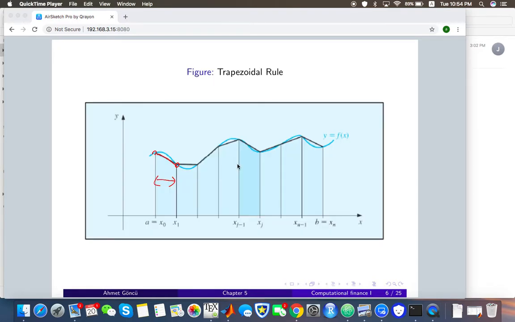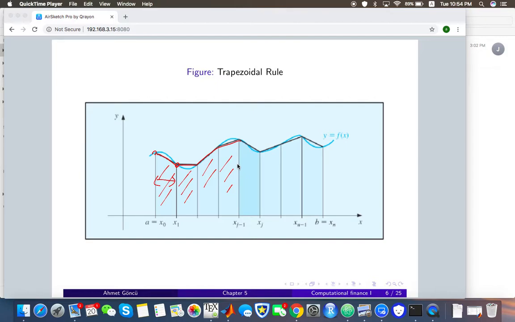Once we do this linear interpolation to replace our original f of x, we are generating these trapezoids, and in order to approximate the integral of f of x, that is the area under the curve, we are using the areas of each trapezoid.